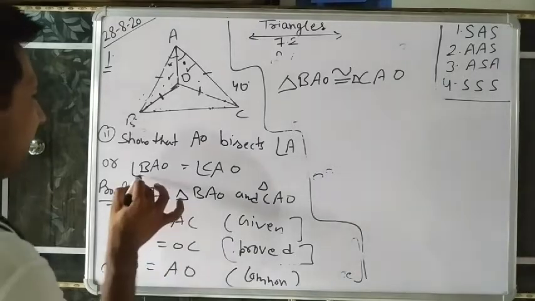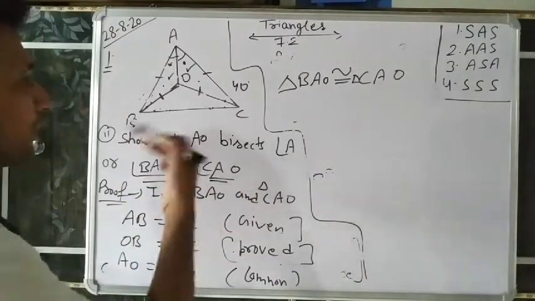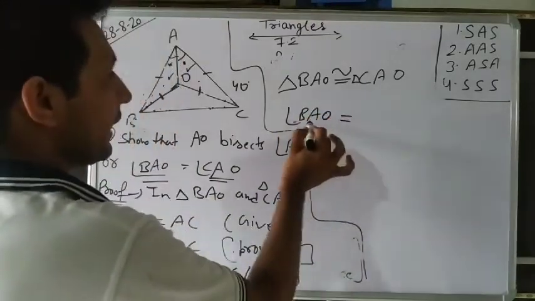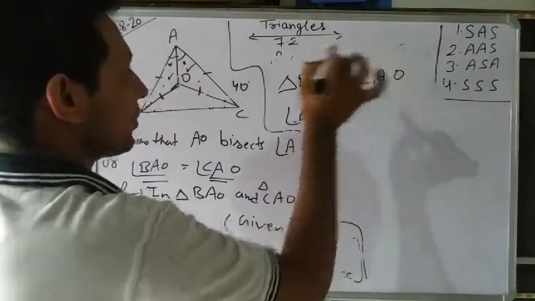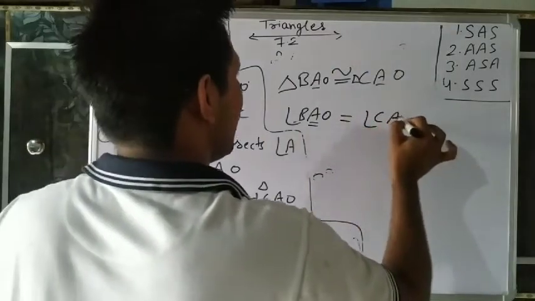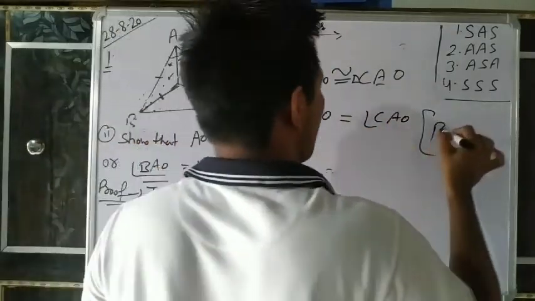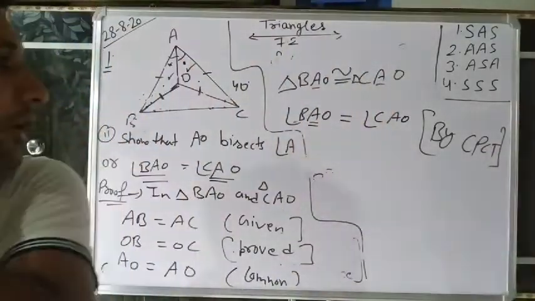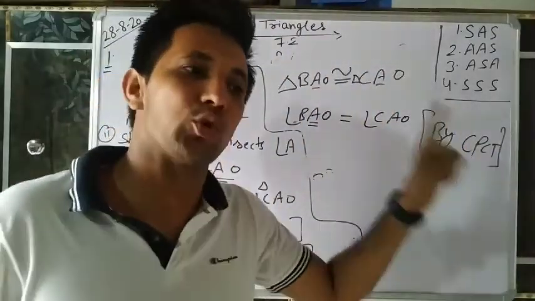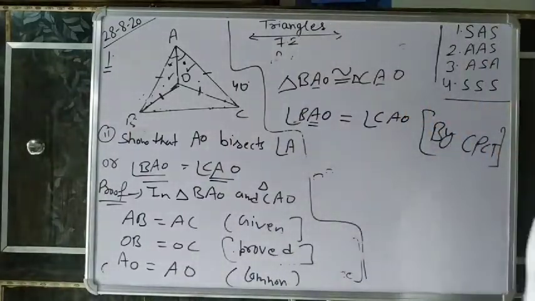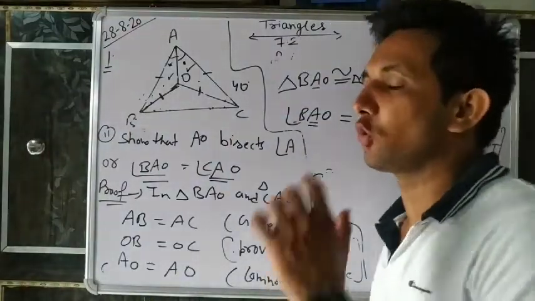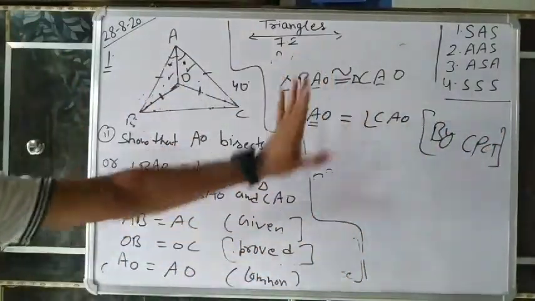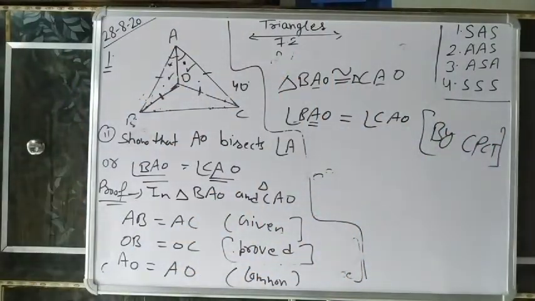But we want to prove that BO equals CO. So you can write angle BAO, look, angle A in the middle, equals angle CAO by CPCT. CPCT means corresponding parts of congruent triangles are always equal. Understand it? So note it down.